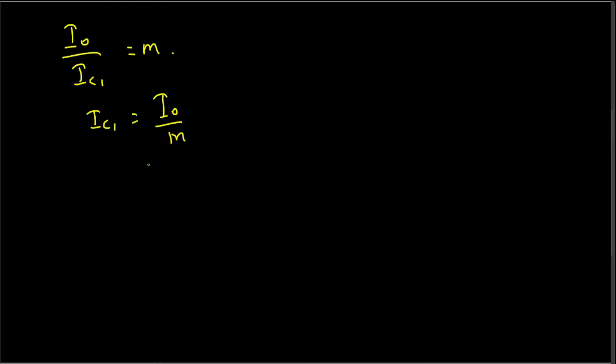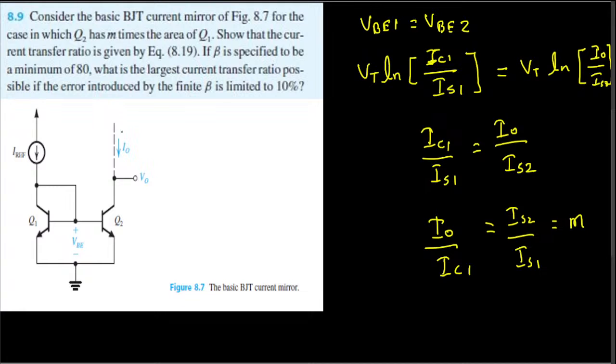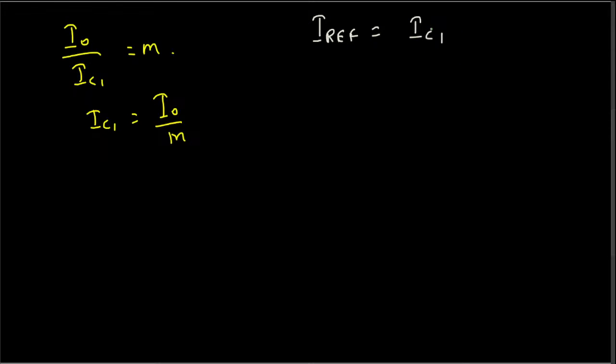This is helpful because there's another equation for the reference current. Looking at this circuit, the collector current and the base currents of these two transistors should equal the reference current: I reference equals IC1 plus IB1 plus IB2.